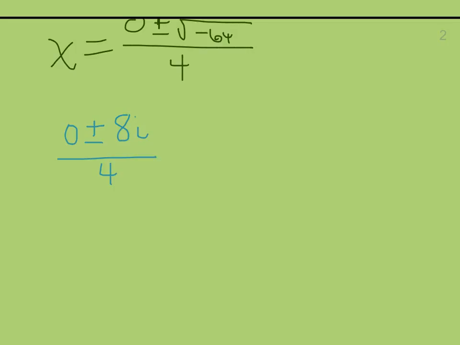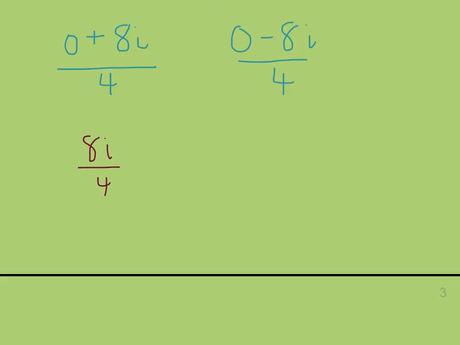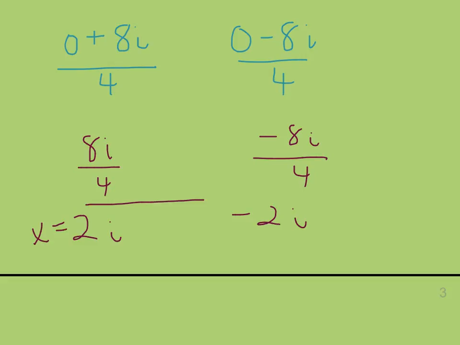So we're going to separate that into 0 plus 8i over 4 and 0 minus 8i over 4. And a lot of you guys probably already figured this out in your head, that this is going to be 8i over 4, which is the same as 2i, and then negative 8i over 4, which is negative 2i. So there are our two solutions. X is 2i and negative 2i.